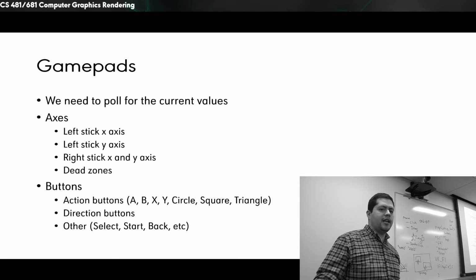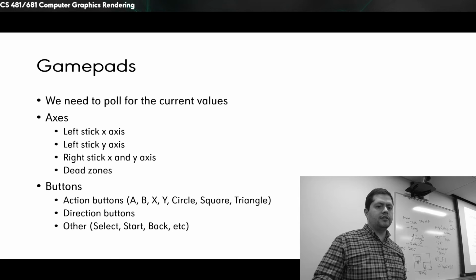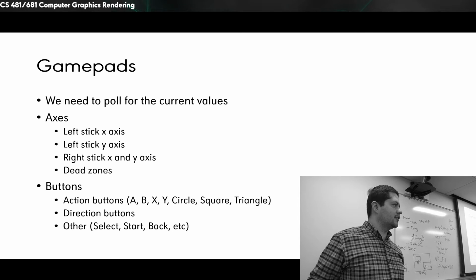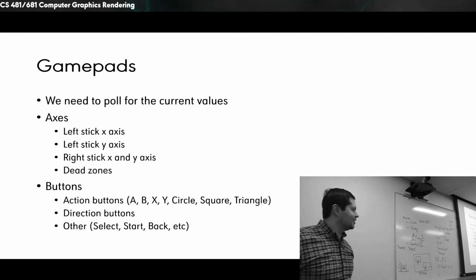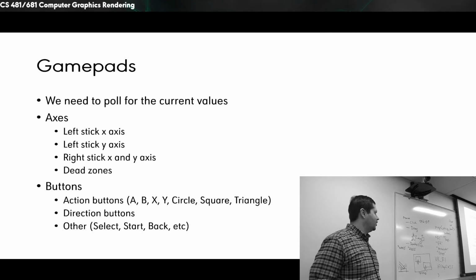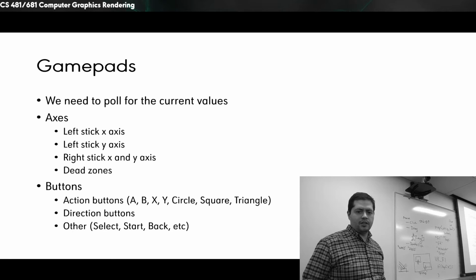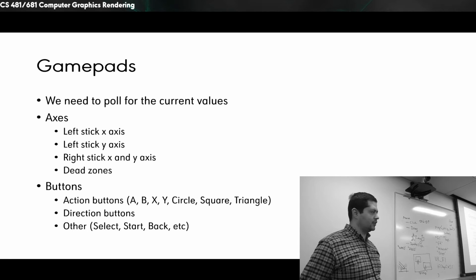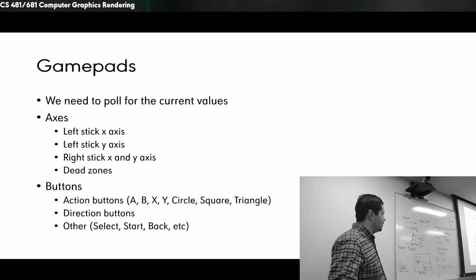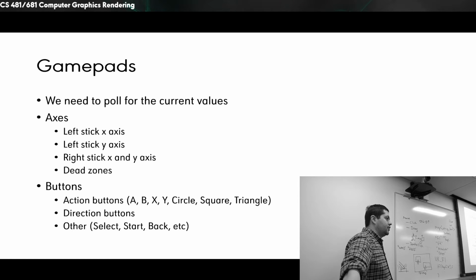Gamepads are one of those things that you think should be more standardized than they are, so it's tricky sometimes to get gamepads correct. But you can do a lot with them. They're definitely fun to work with. For the Xbox One controller, each button is numbered differently depending on your operating system.